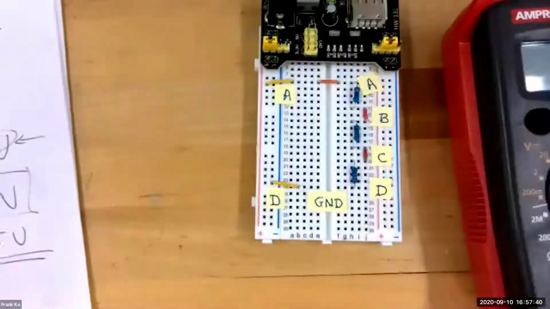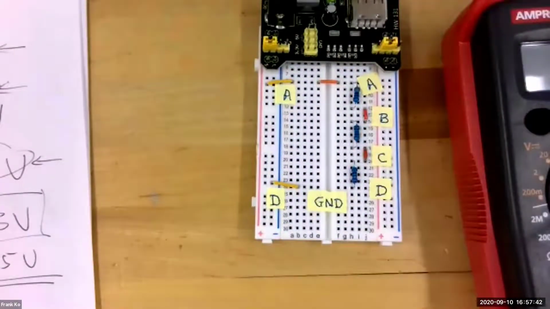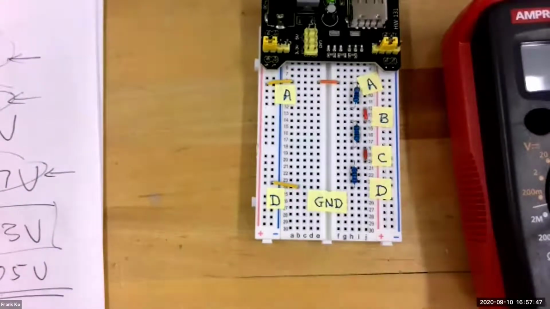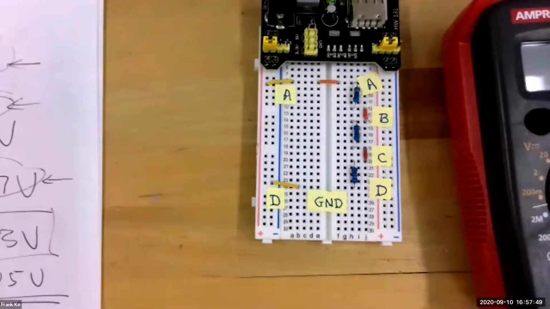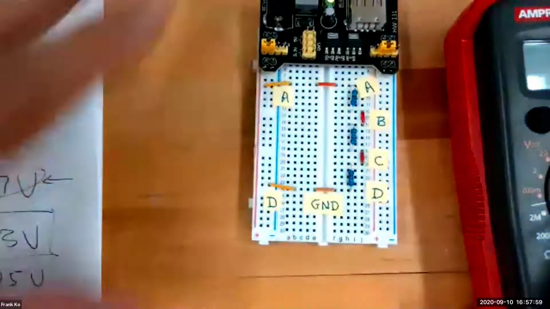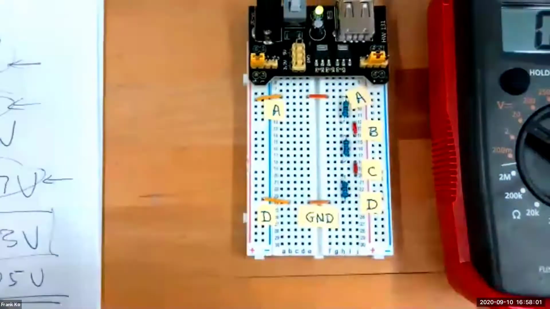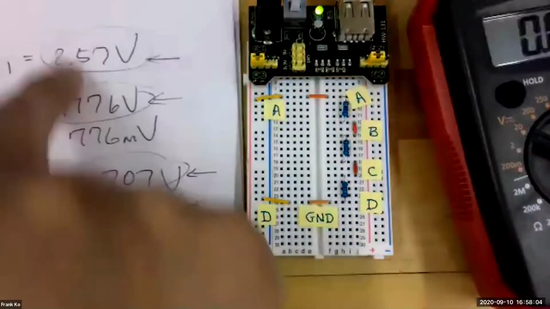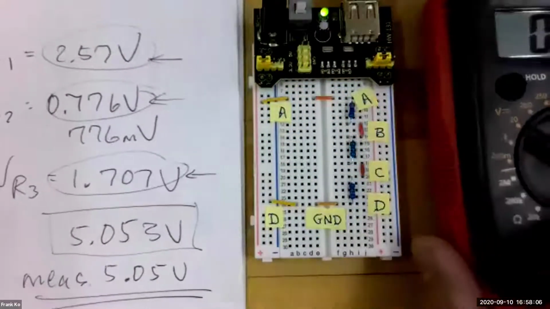Now, there is one other thing that I want to confirm with you all, and that is voltages measured between points and voltages measured with respect to ground. So I'm going to put the jumper back in. So here's the jumper. All right. Now, these are the values of voltages we're supposed to have.